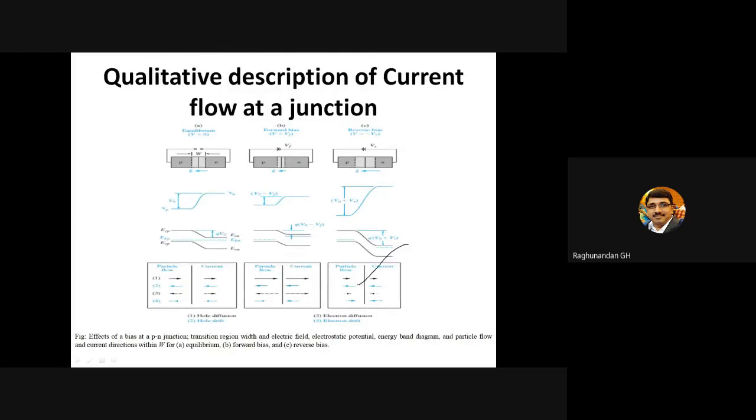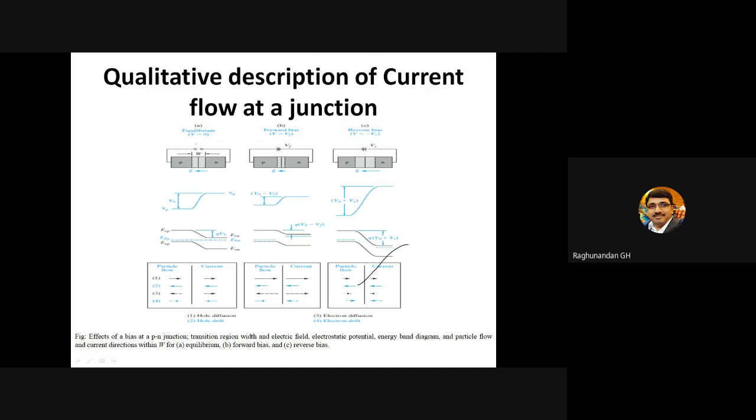So here you can see that this is the barrier potential. This is our energy band diagram, and this is V naught, whatever is being shown. This V naught means it is the voltage we are going to obtain across this.